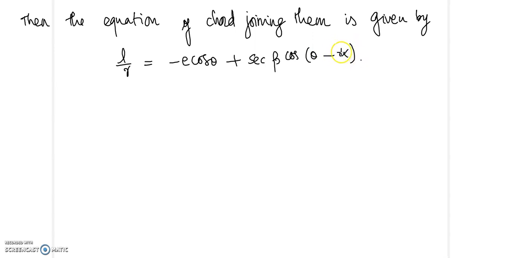Now we have also seen the equation of the tangents where the vectorial angles are alpha minus beta and alpha plus beta. We know that these tangents are going to pass through the point r1 theta 1. So this will give us the equation of the chord in terms of the coordinates r1 theta 1.